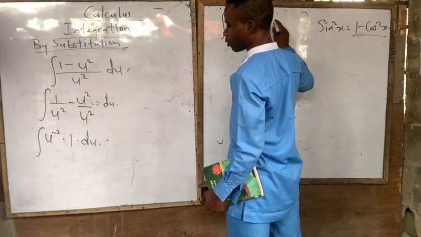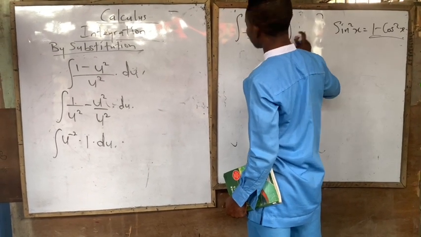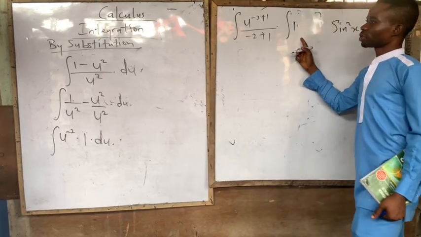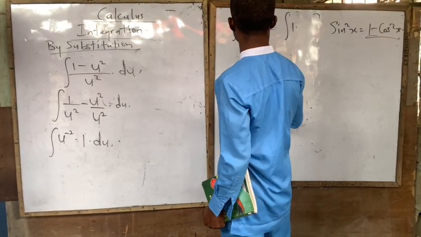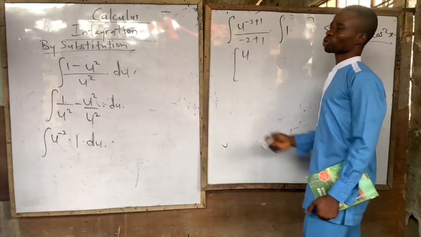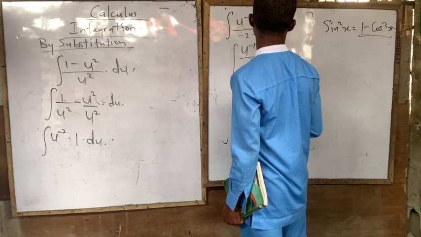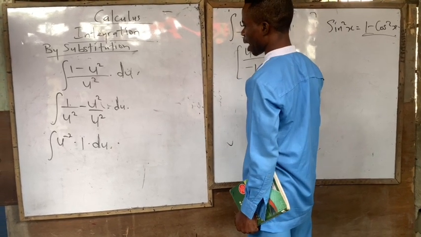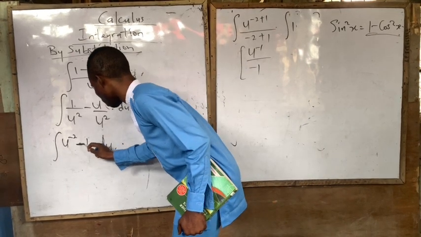And the integration of 1 can just be u, because we are following u not x. That means if I integrate this now, that is u to the minus 2 plus 1, that is minus 1, all over minus 1.